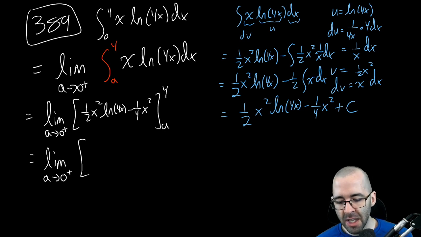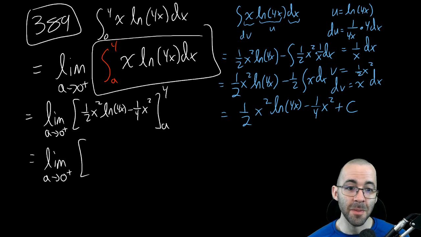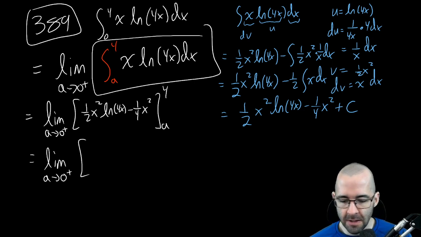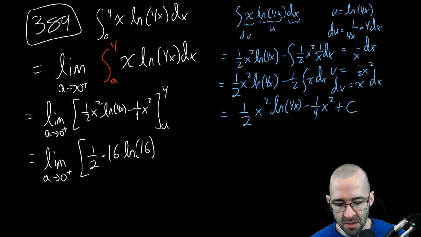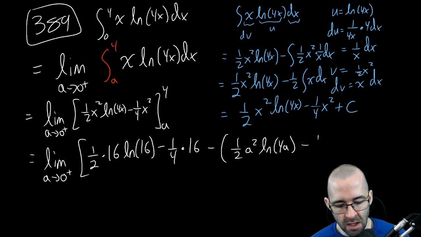But we can use it here because a is some number that's bigger than 0. a is getting really, really close to 0, but it's always bigger. So this will be 1/2 times 4 squared times the natural log of 4 times 4 minus 1/4 times 4 squared. And then subtract what happens when we plug in a: 1/2 a squared natural log of 4a, minus 1/4 a squared.